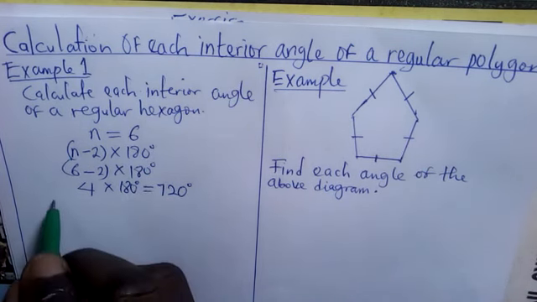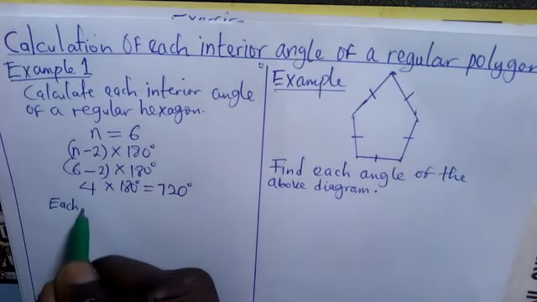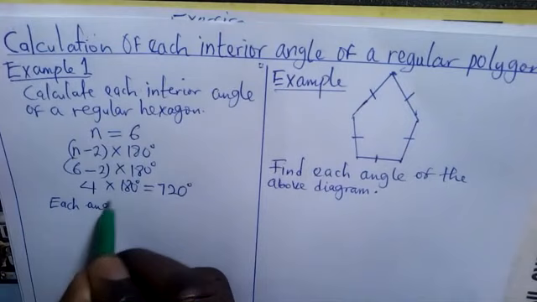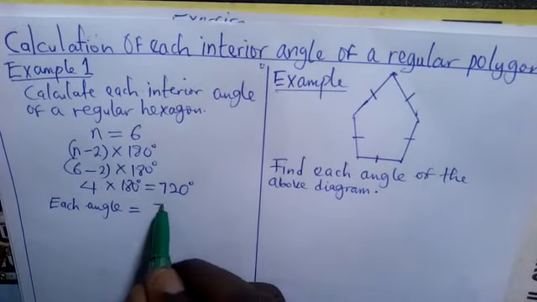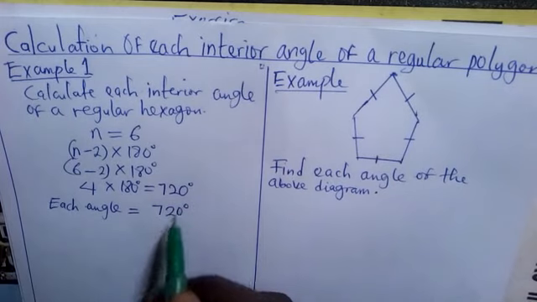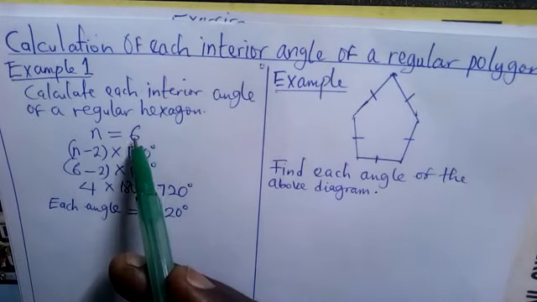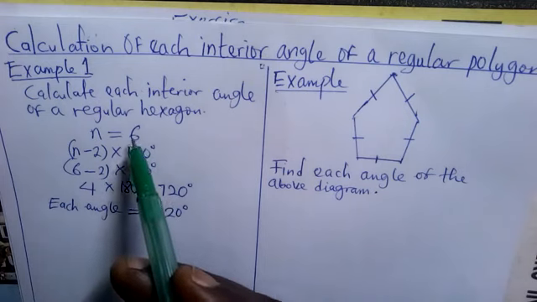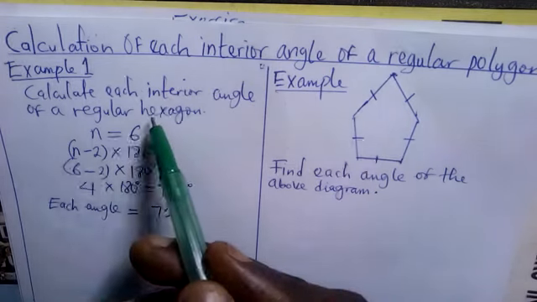Now to find each angle, just take the total, which is 720 degrees, and divide it by the number of sides. The number of sides in the hexagon is 6, and the number of angles in the hexagon is also 6.